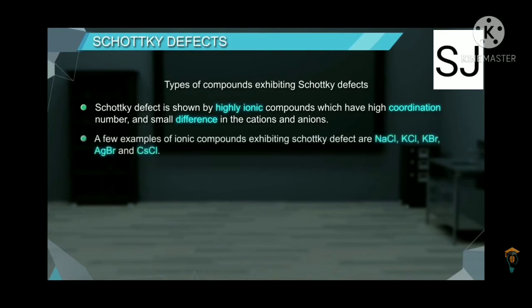For example, the ionic compounds which exhibit Schottky defect are sodium chloride, potassium chloride, cesium chloride, KBr, potassium bromide, silver bromide, etc. So we can say that Schottky defect in a crystal results in a significant decrease in its density.